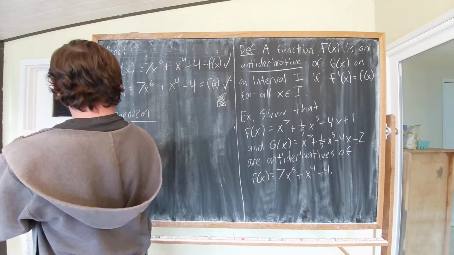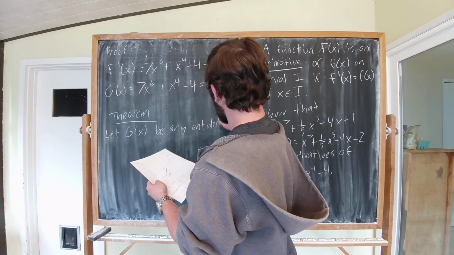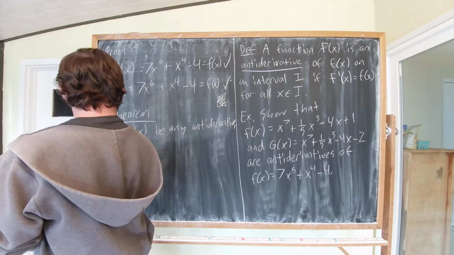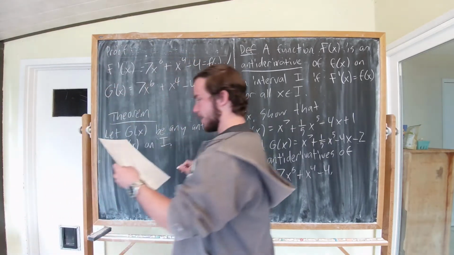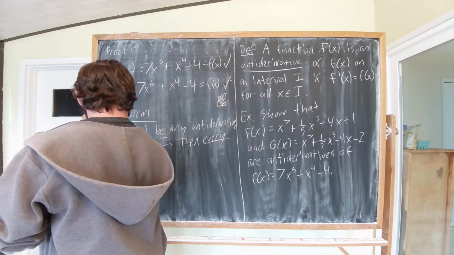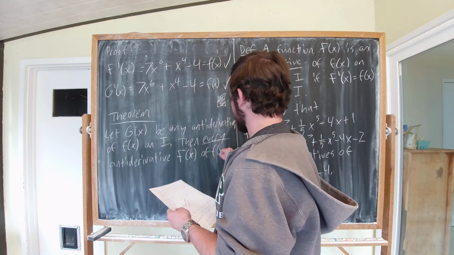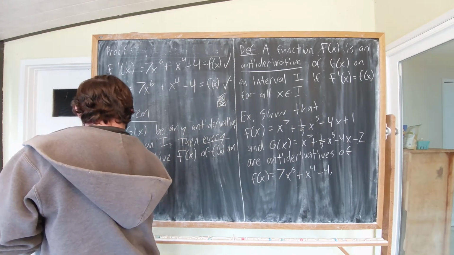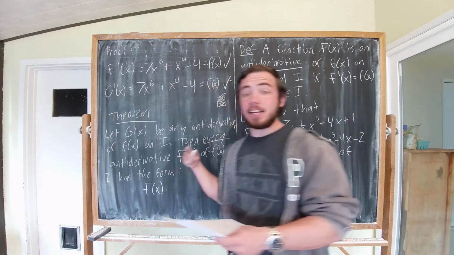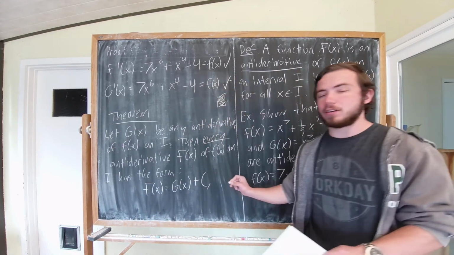So, let capital G of x be any antiderivative of little f of x on an interval I, then every antiderivative capital F of x on I has the form capital F of x is equal to G of x, possibly plus some constant, where C is a real number.